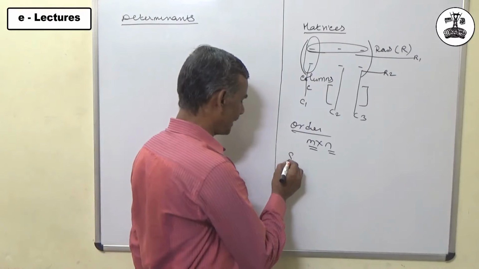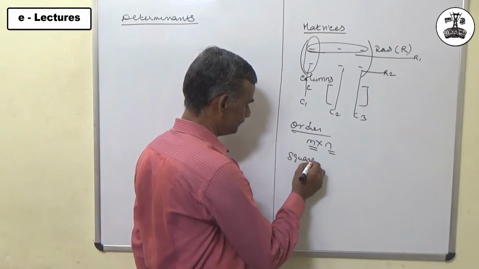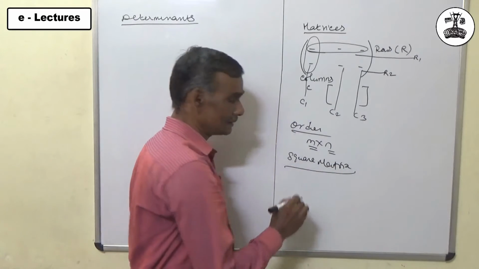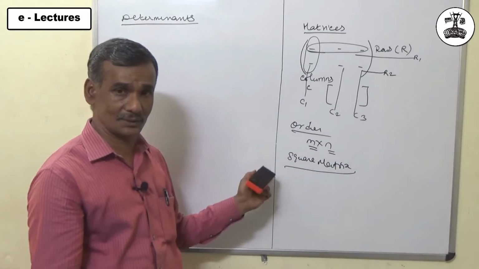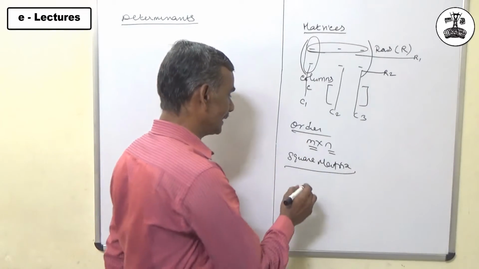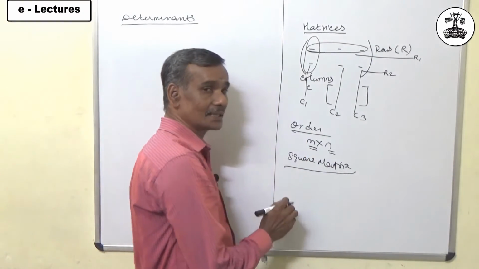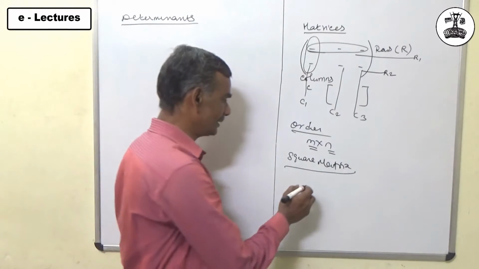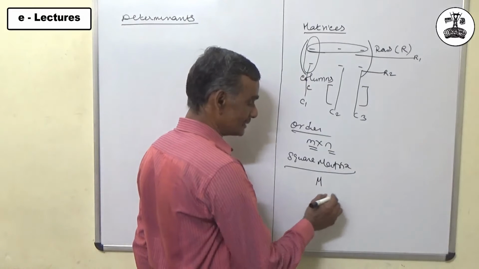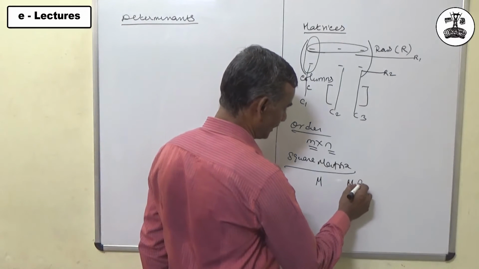Next, square matrix. Suppose the number of rows equals the number of columns, then the matrix is said to be a square matrix. For example, a square matrix is said to be of order M.